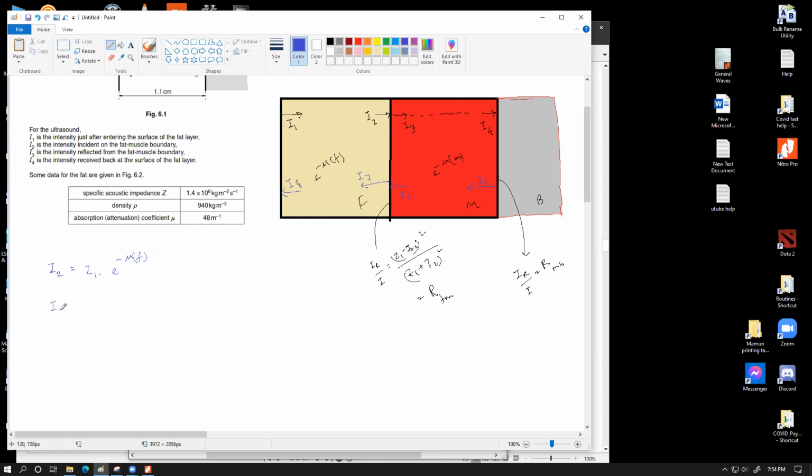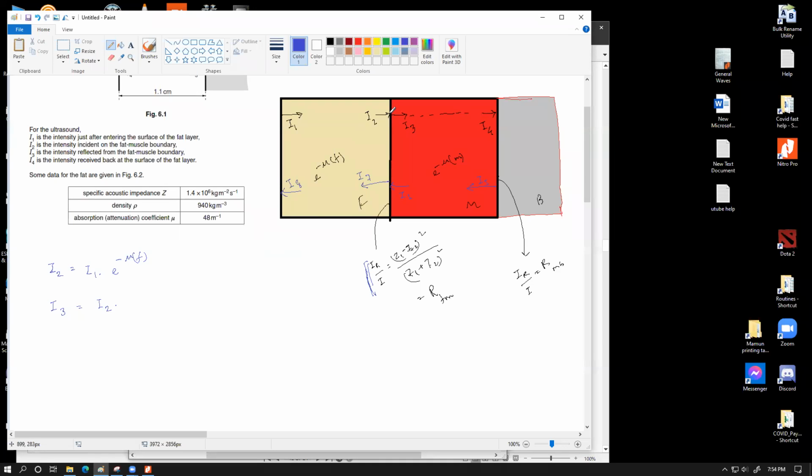I3 would be I2 multiplied by the reduction factor. Now, there is a problem. This would not be I3. I'll tell you why. I3 is the part that actually goes into the muscle boundary. This numerator over here actually gives you the reflected part.